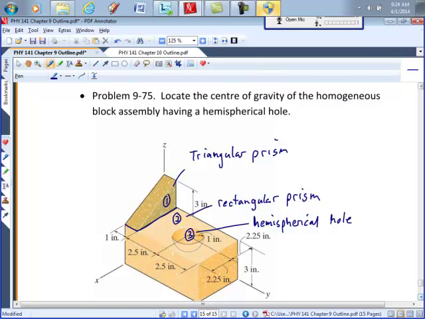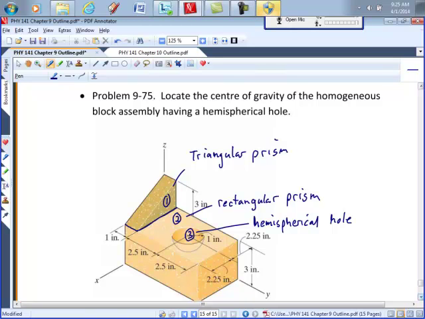Are there any axes of symmetry here? No. If they hadn't stuck this triangular prism on the ends, then we would have had 2 nice axes of symmetry. Actually, no, we wouldn't, because they didn't put that hole in the center either. We'd be screwed either way.